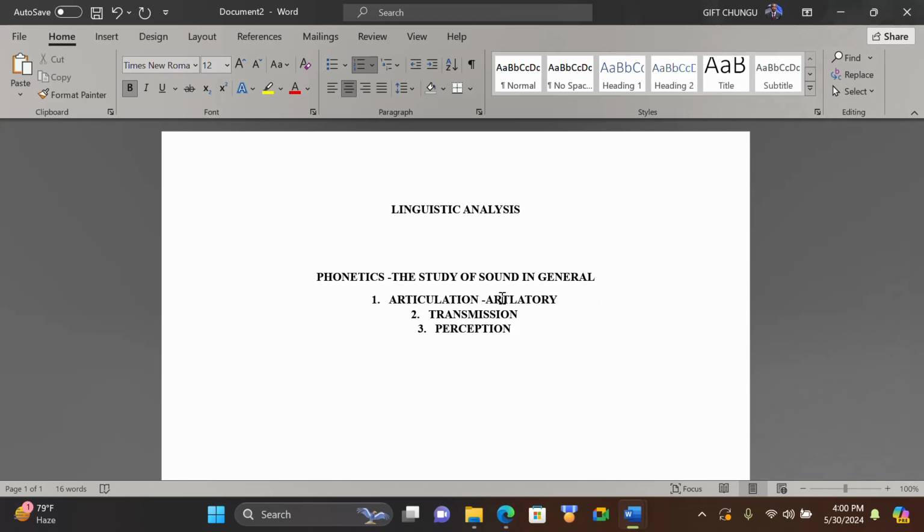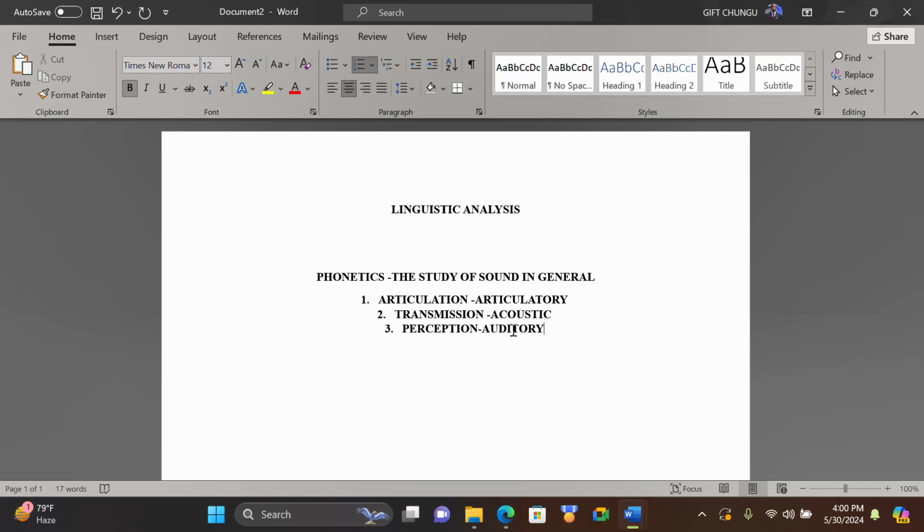How sound is articulated, that is articulatory phonetics. And then we also have acoustic phonetics. That is another branch. And the last one is auditory phonetics.